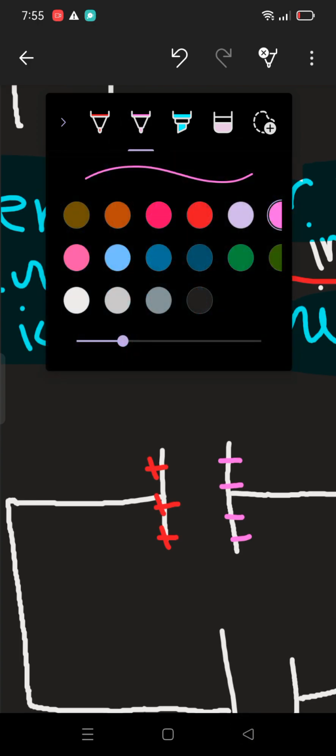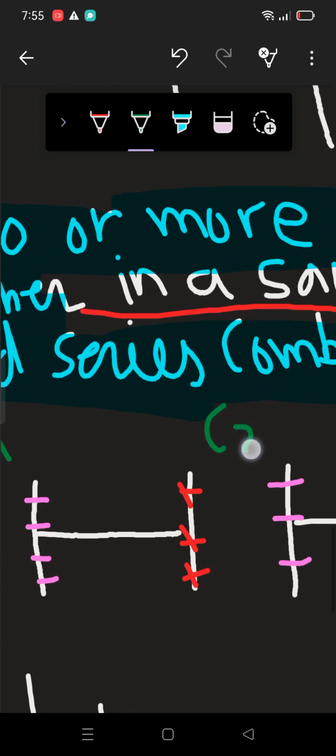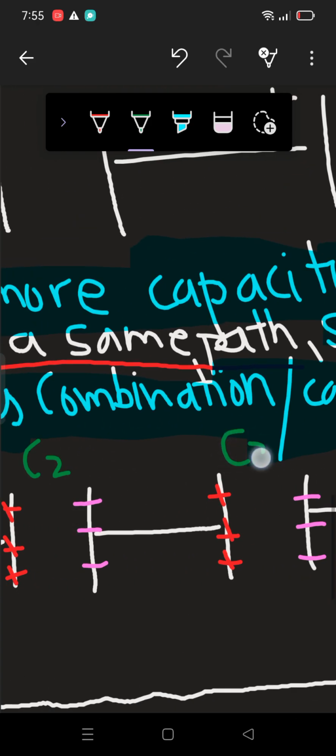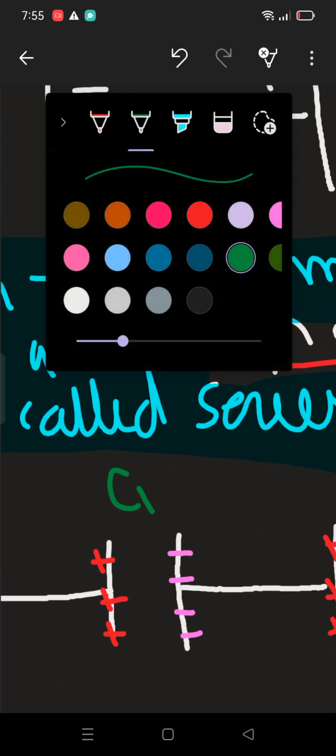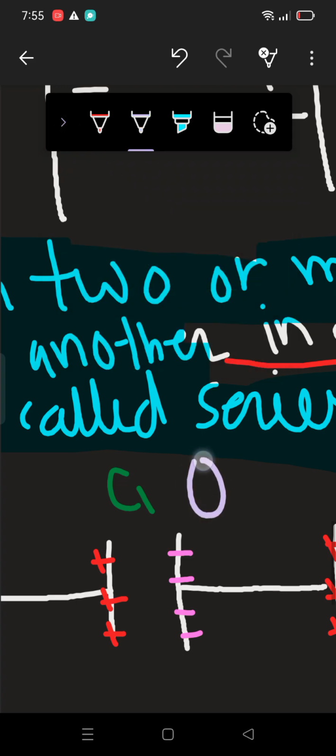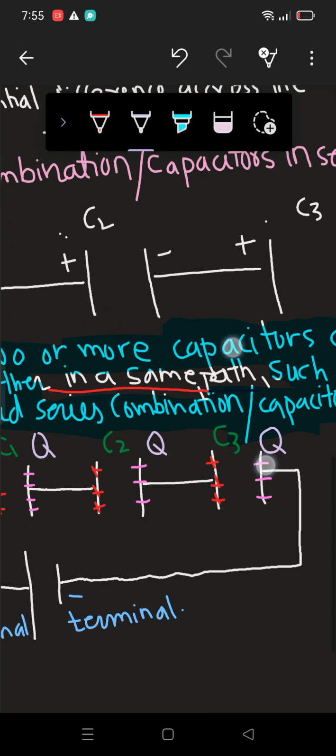This is C1, capacitor number 1, C2 capacitor number 2, C3 capacitor number 3. Each would have a charge Q; this would have a charge Q as well.